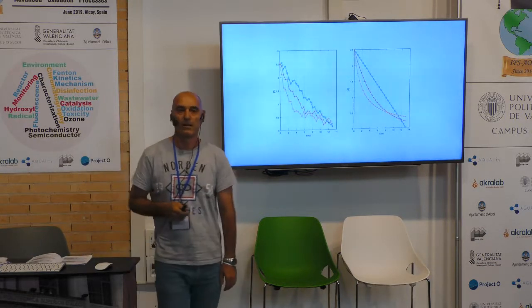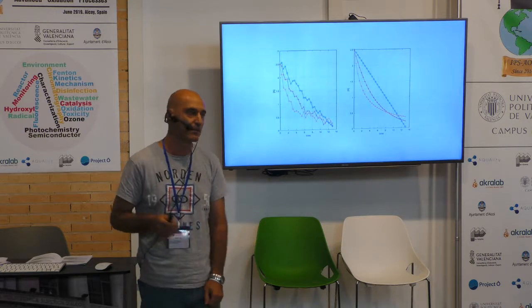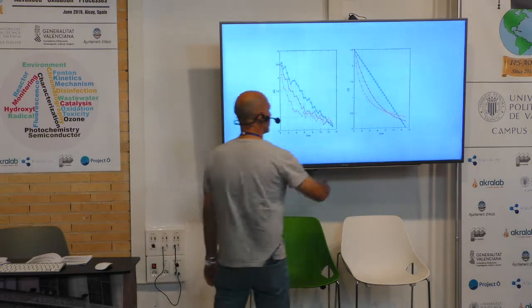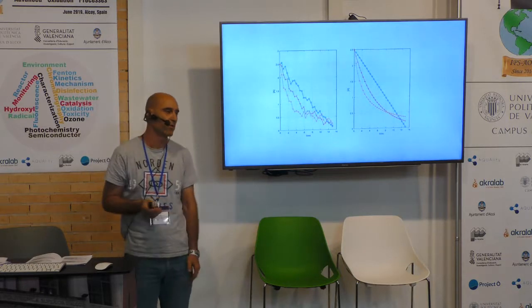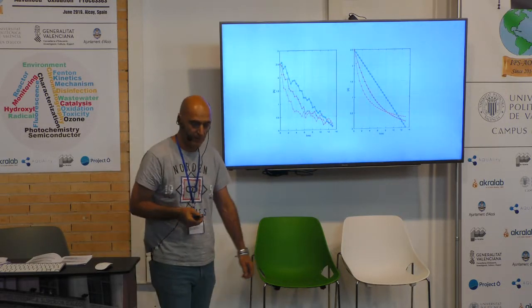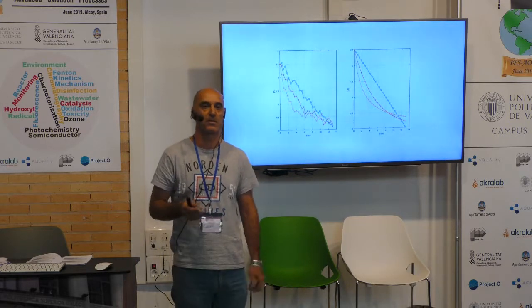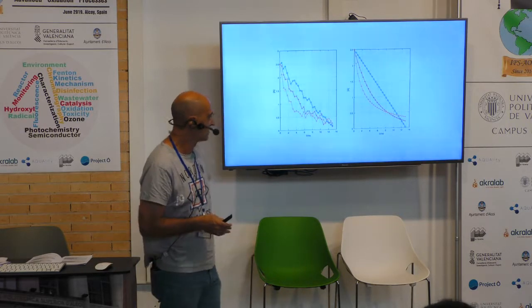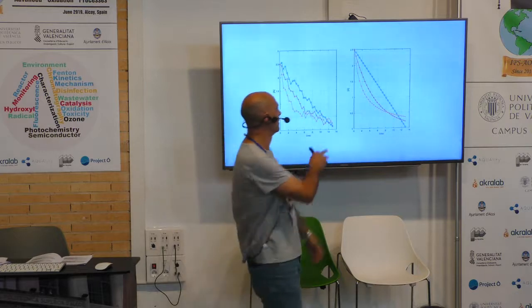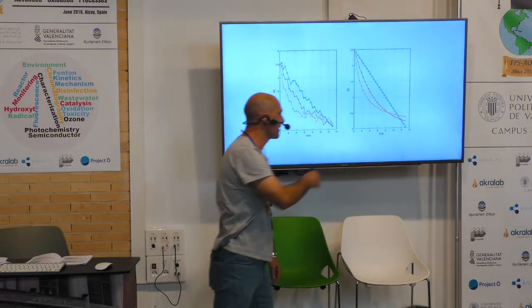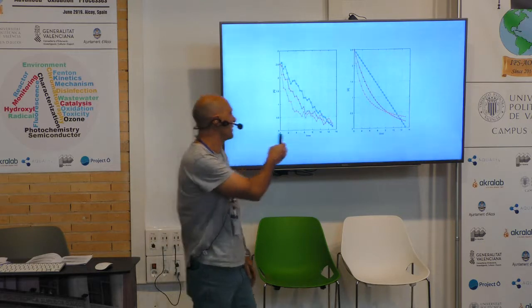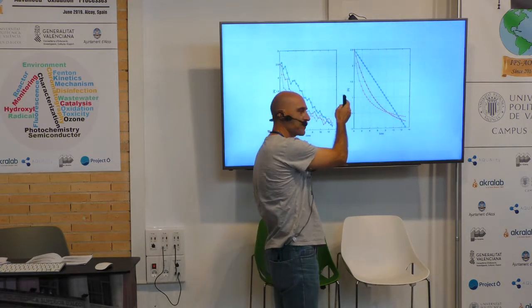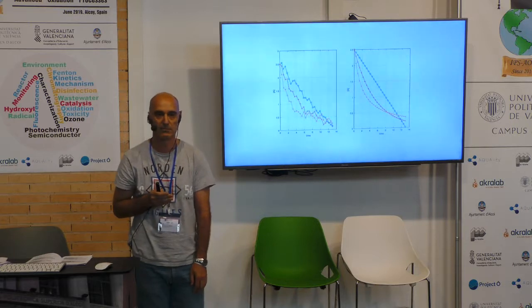Okay, how does data look? From any one of you that has taken a course in, let's say, kinetics, you see concentration over time: constant, decreasing, and more decreasing. So this is the zero-order model, first-order model, second-order model.